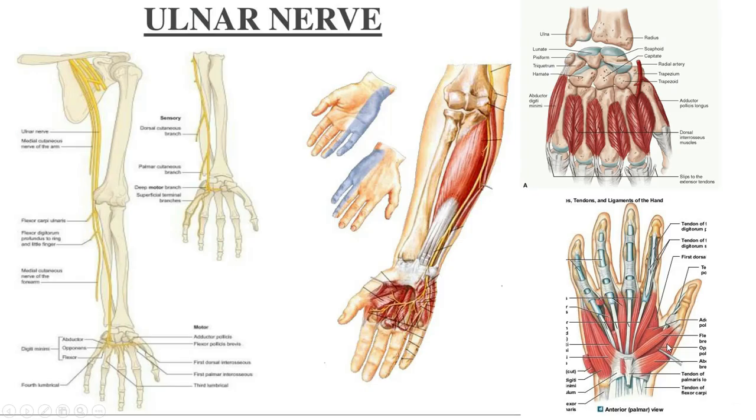Now the ulnar nerve. The ulnar nerve is also very commonly injured during lateral condyle fracture or any operation, traction or cut injury over the wrist, because of its anatomical predisposition.